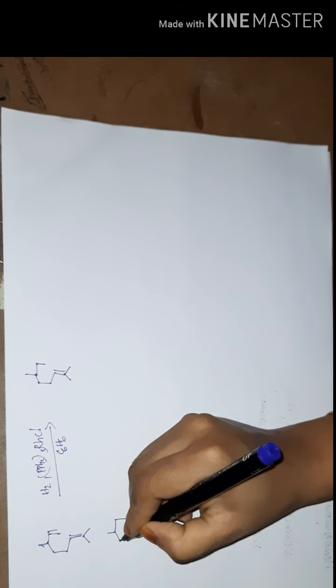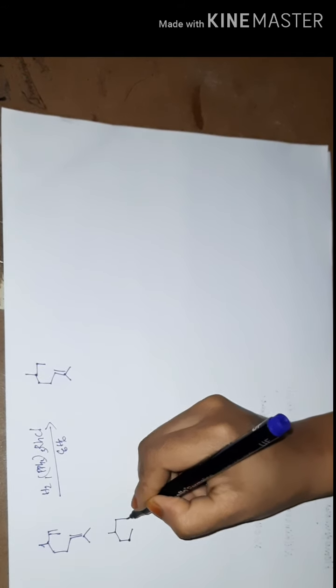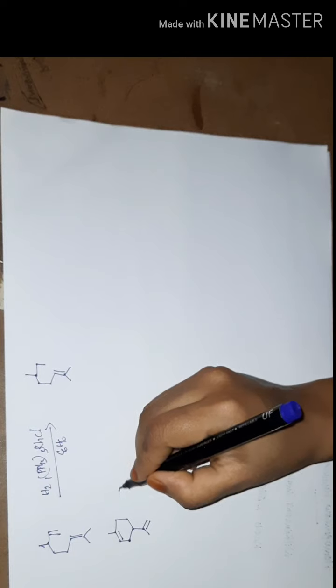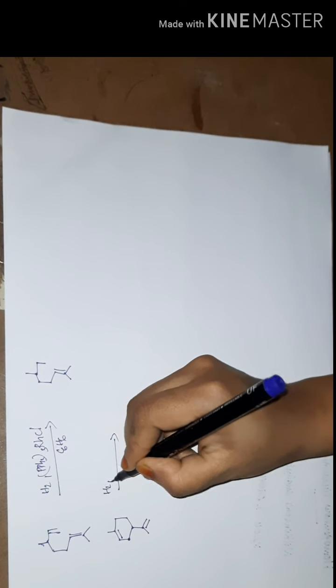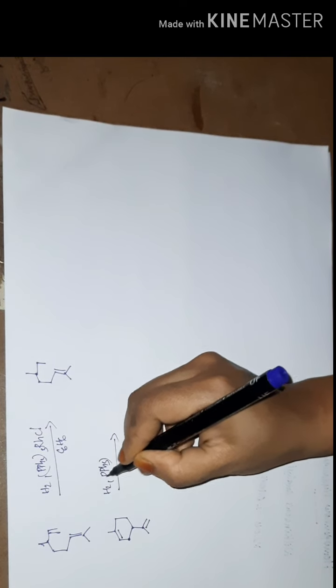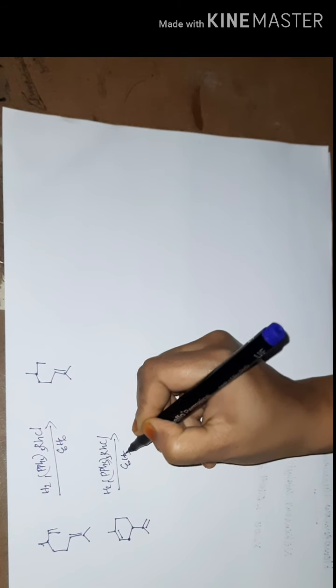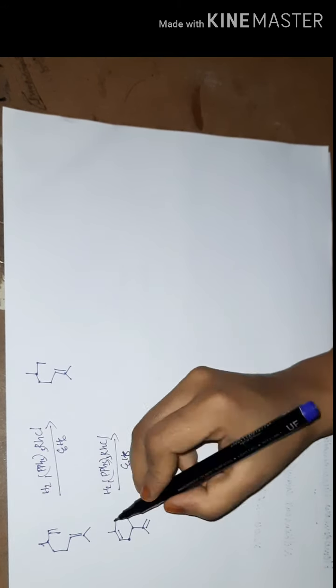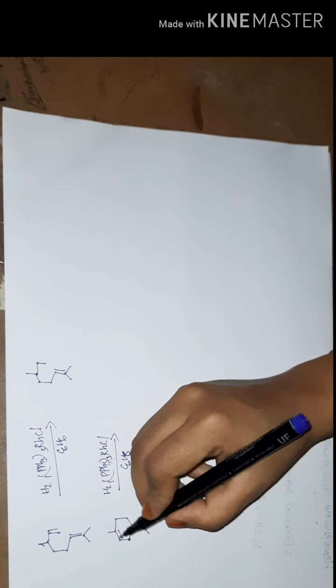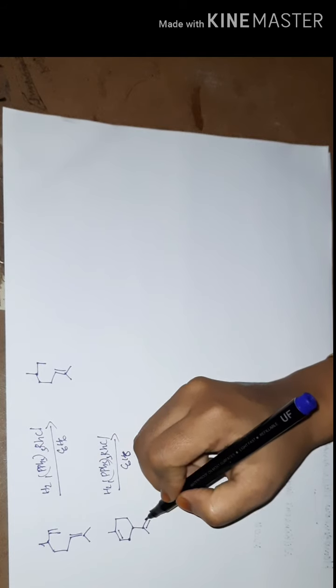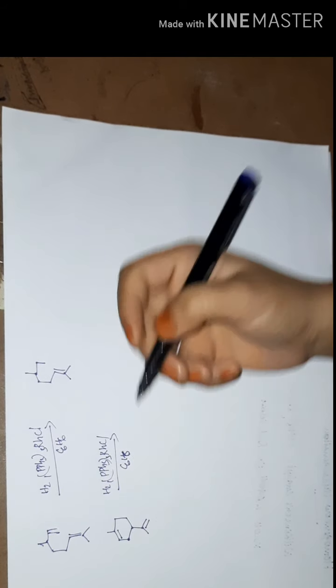Another example is this one. In the presence of the catalyst, here we can say that this double bond is tri substituted and this is di substituted.